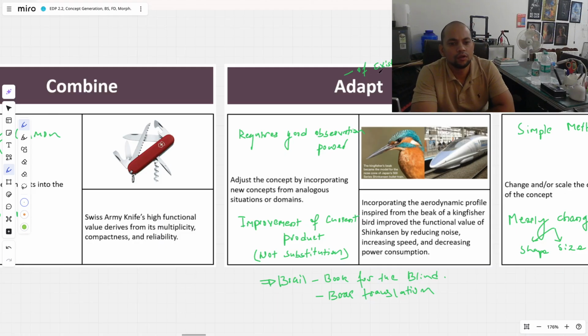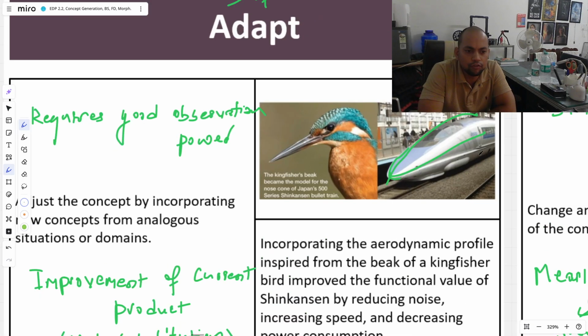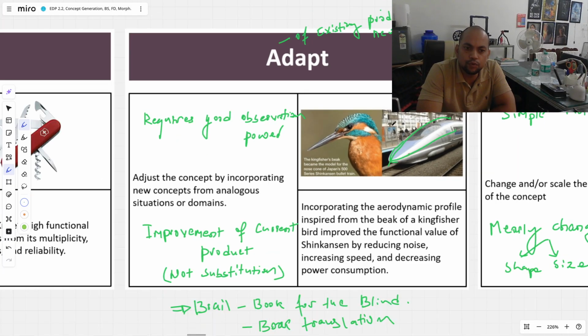Okay. So we are changing the shape. In this example, you can see the train used to be flat at the start. Then this shape is adapted from nature, that is the kingfisher beak, which has resulted in the improvement of the product.